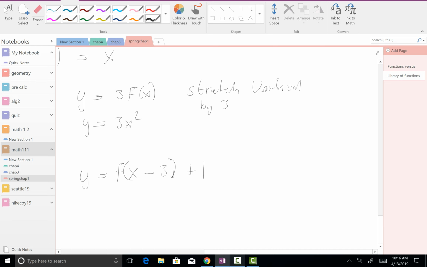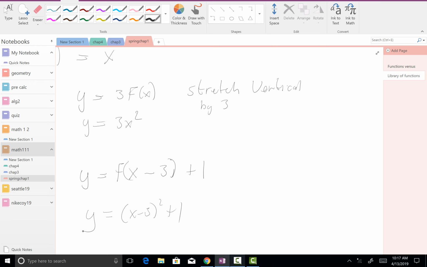So it's going to be f of x minus 3 plus 1, which is this, because f of x is x squared. So here we go. We got a 3 and a 1 this time. What does 3 do? What is that? A, B, or C? C, very good. It's inside affecting the x.